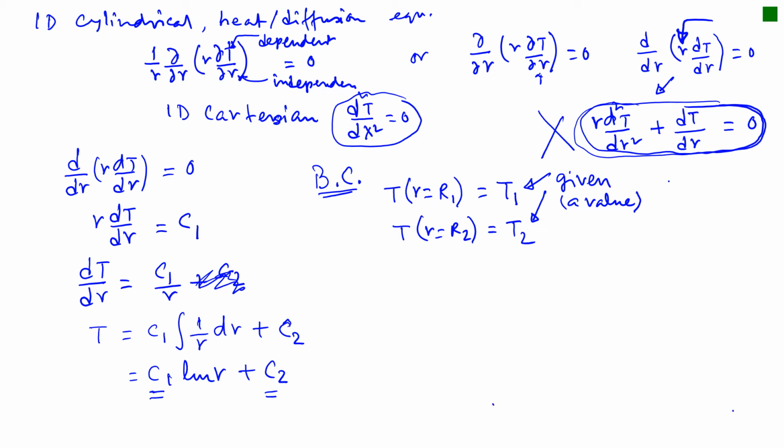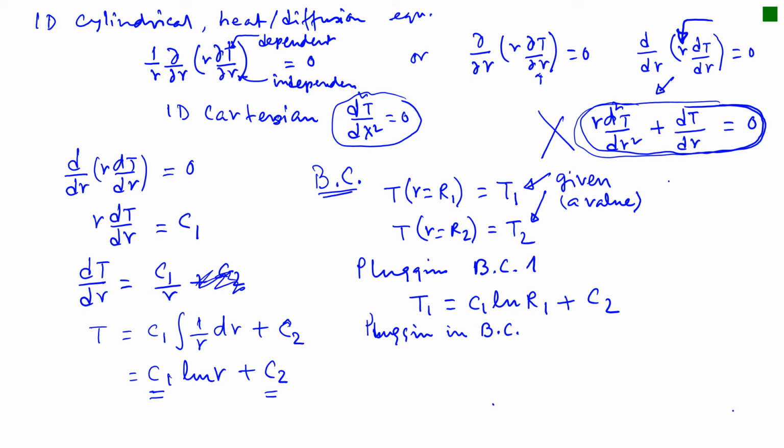Plugging in the first one, BC1, T1 is equal to C1 natural log of r1 plus C2, and plugging in the second one, BC2, T2 is equal to C1 natural log of r2 plus C2.